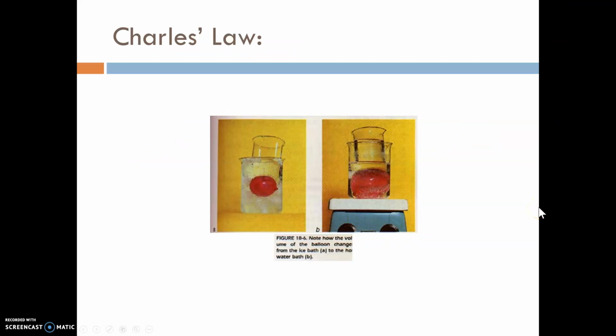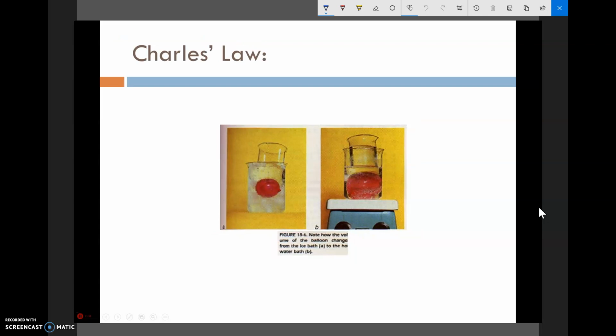Okay, this picture on the left is showing ice. The picture on the right, this is being heated up, a hot plate. So we're adding heat here, and there's ice, and I want you to notice the volume of the balloon. When this started, the volume was the same.